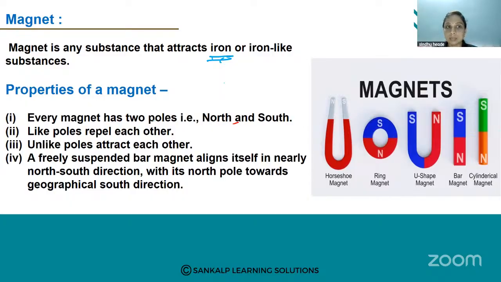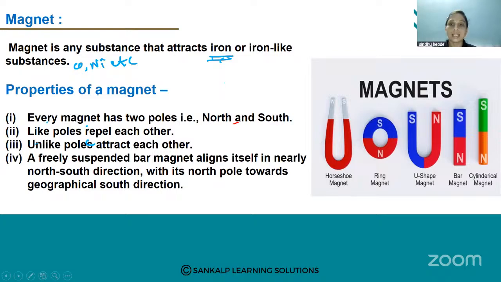Magnet is nothing but a substance that attracts iron or iron-like substances, like cobalt, nickel, etc. So generally it has the property of attraction.